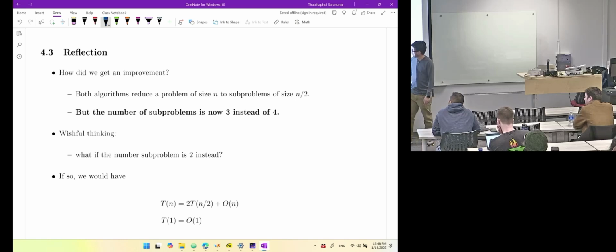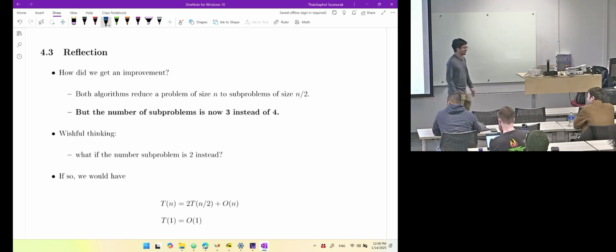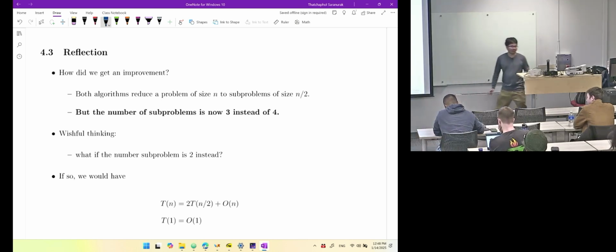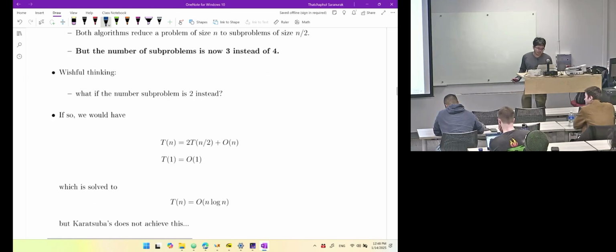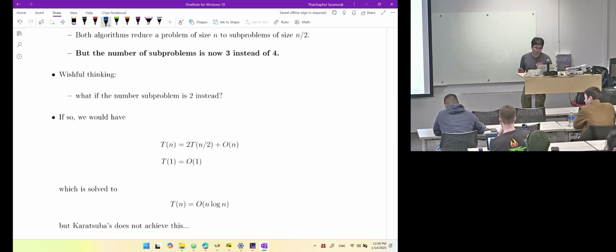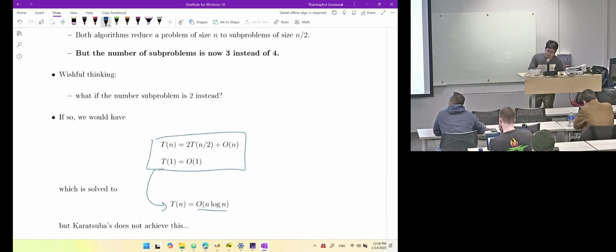If you try to solve this, you can see that it actually solves to n log n, which is what we want. So this is exactly what we're going to do. We're going to try to reduce the number of subproblems to 2.